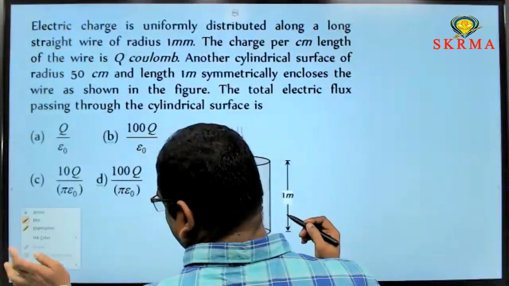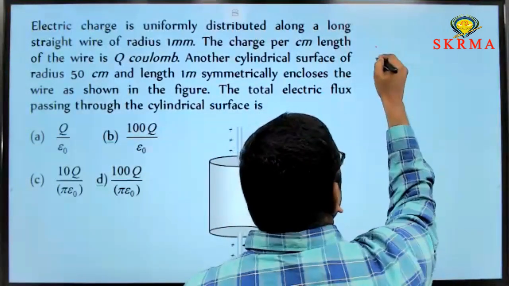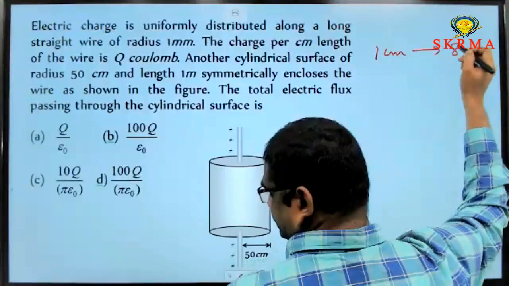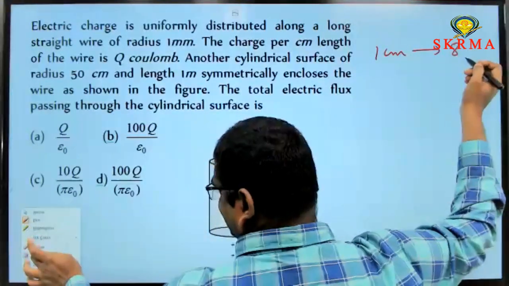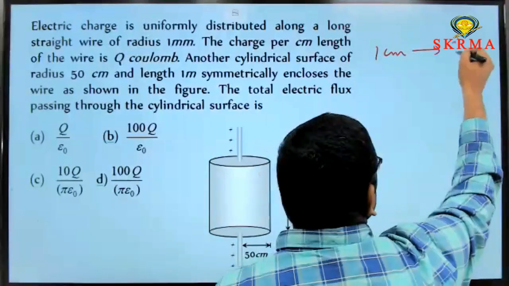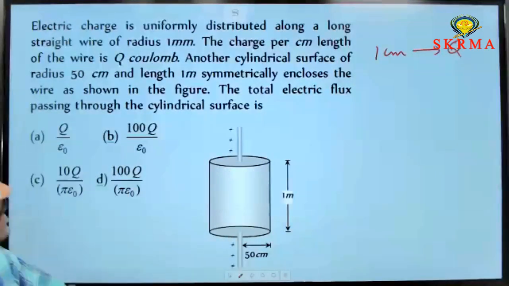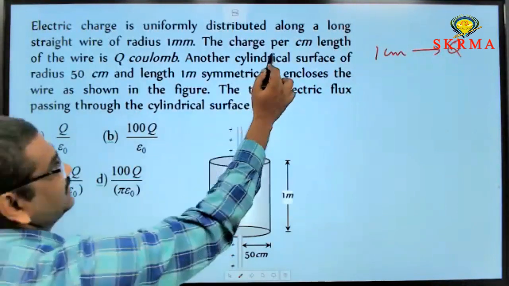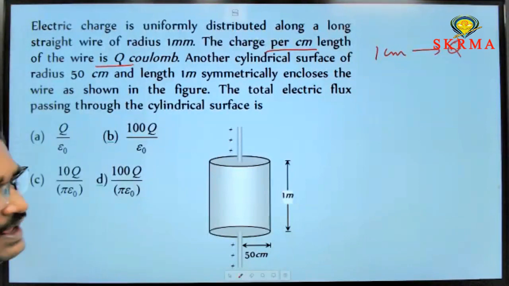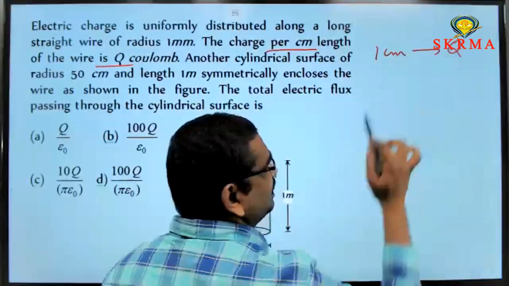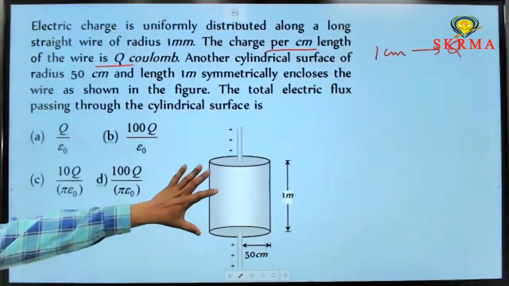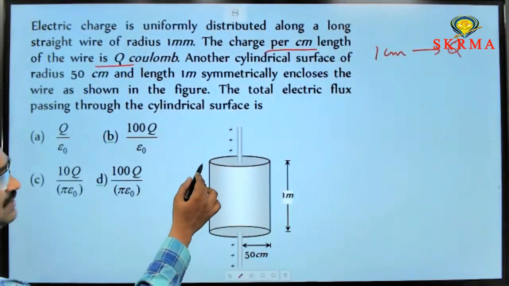For 1 centimeter, the charge is Q coulombs.